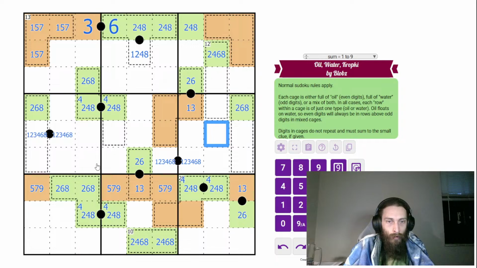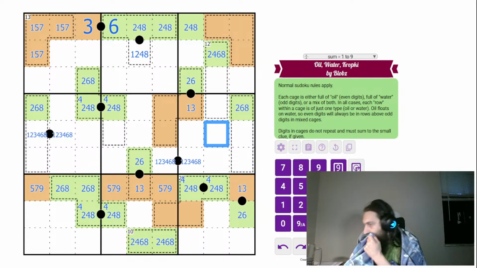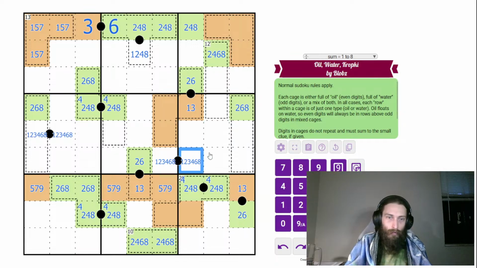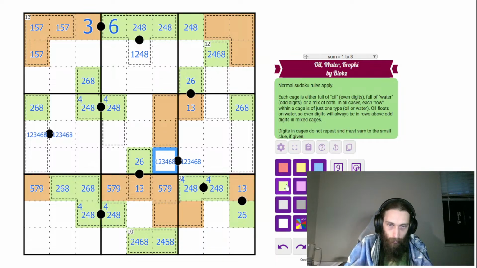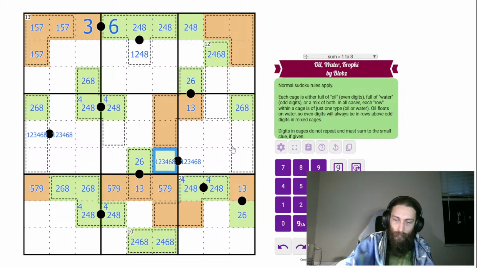And column 6 has 4 odds, so it just needs one more odd, but it can't be in box 5 because that would put 2 evens in the box, which would make 5. So that has to be even.